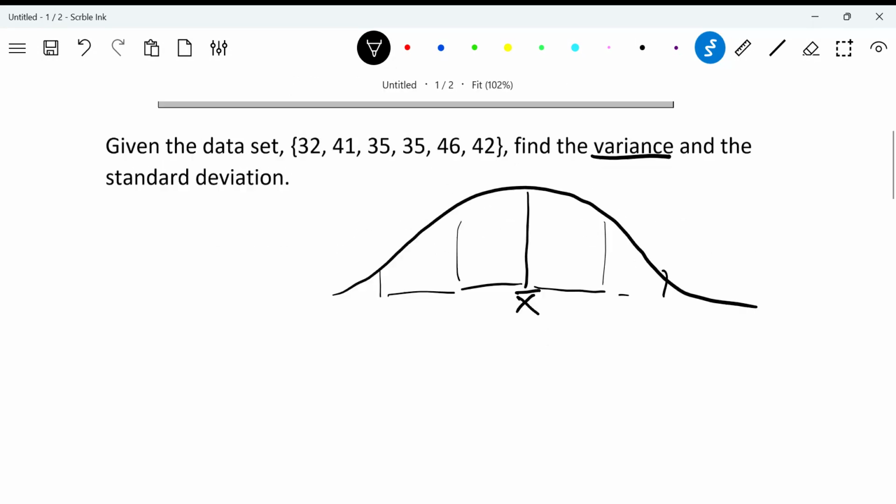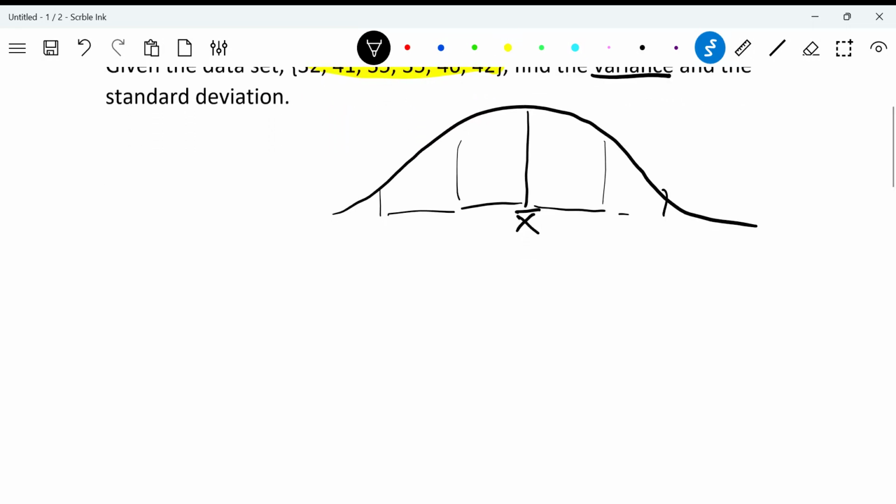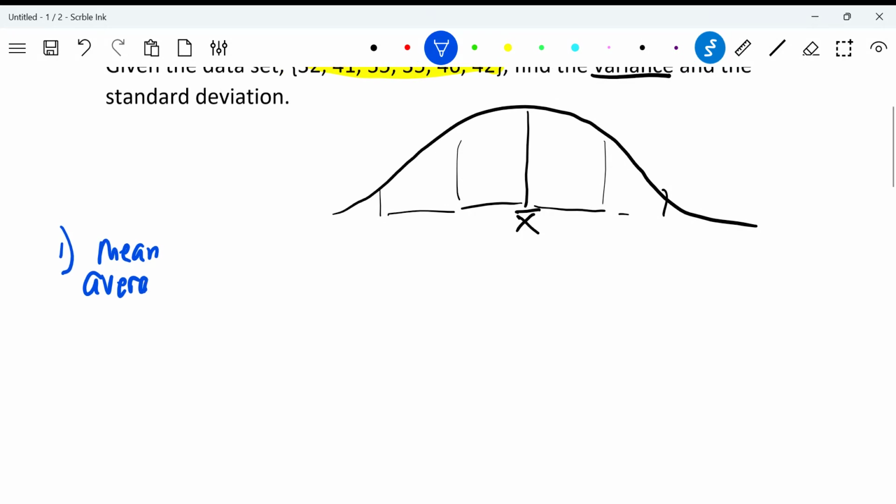So I'm going to take these numbers here, and the first step is to find the mean, which is the average. We denote it by using x with a line over it.